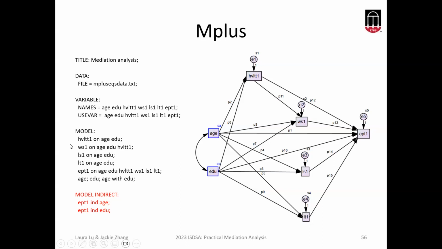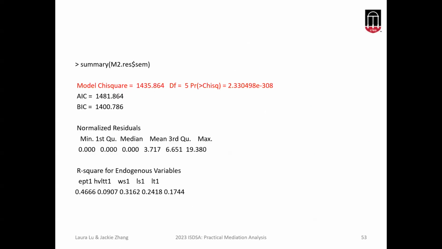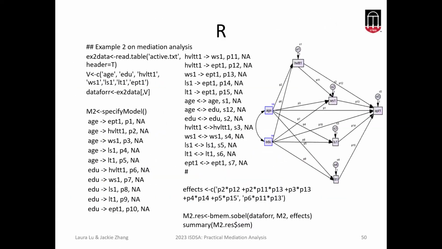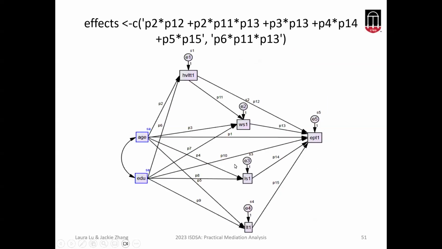And then model, inside this statement, we define the mediation model. So HVLTT on H EDU. In this case, we do not need to specify each parameter. In R, we just give the definition of each parameter here, from P1 to P15 and to S7.